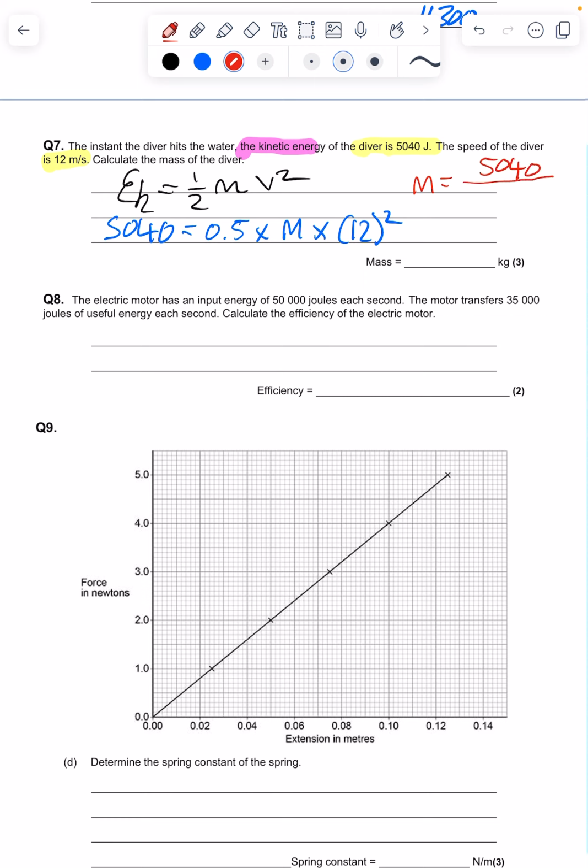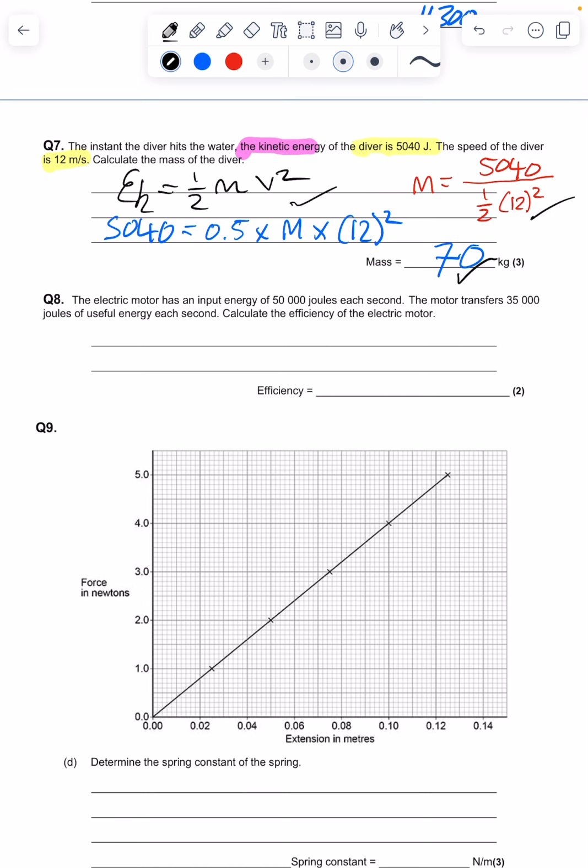It's energy divided by half times the 12 squared. And that will give us an answer, we should plug that into our calculator, of 70 kilograms. So the 3 marks here: 1 for the correct answer, 1 for the substitution, and then 1 for the rearrangement.